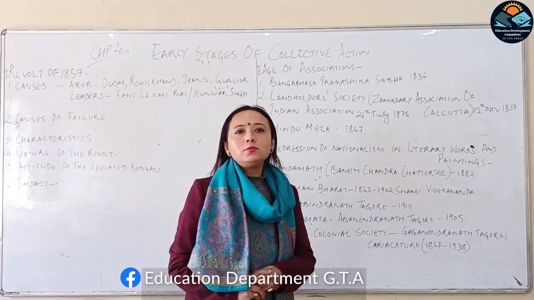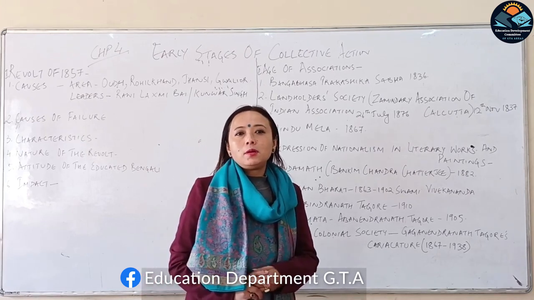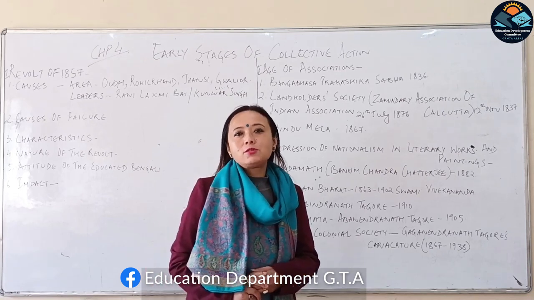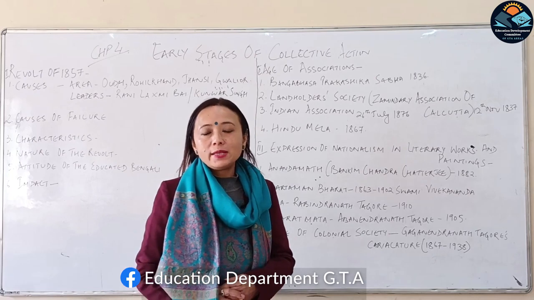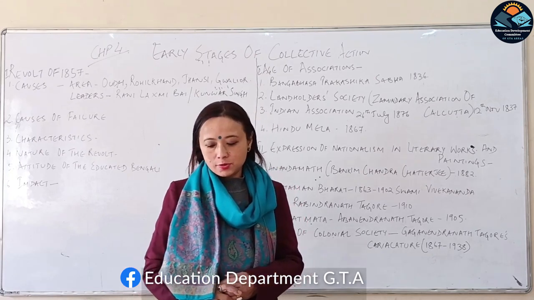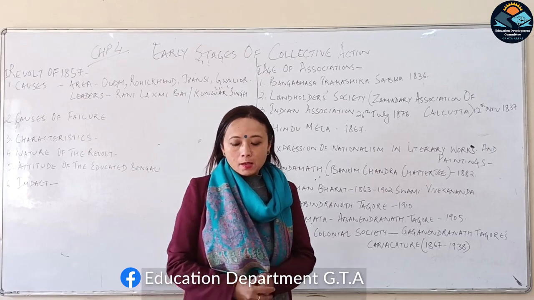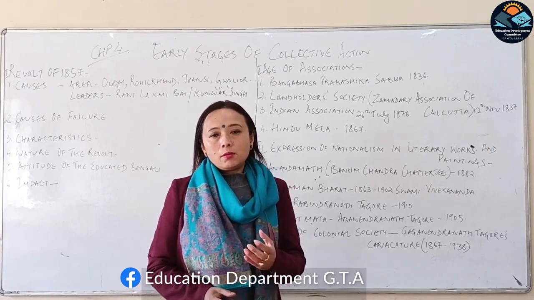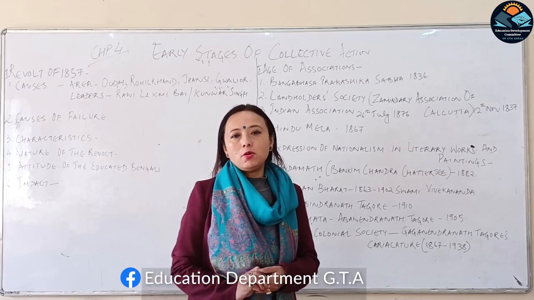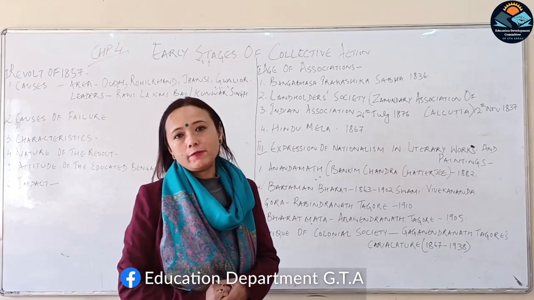According to the sepoys, crossing the rivers went against their religion. It was against their religion. These were some of the reasons of the revolt of 1857.